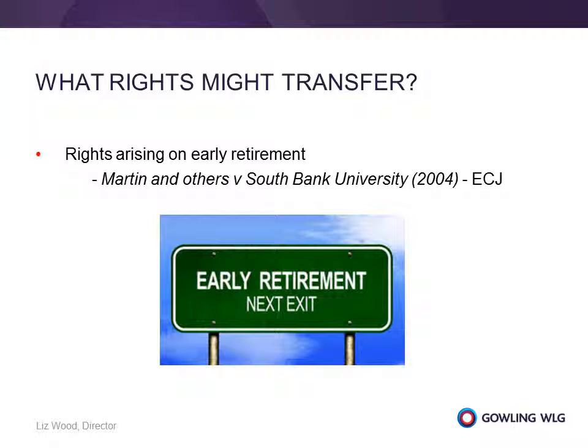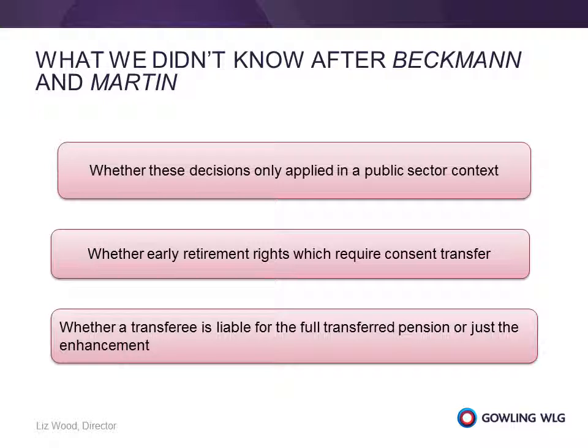Firstly, whether these decisions only applied in a public sector context, as the Beckman and Martin decisions had been in relation to the NHS pension scheme. There certainly have been arguments that this might not be the case if you had a private sector to private sector TUPE transfer. There were questions about whether, if there were consent questions attached to those early retirement rights, those would transfer, and also how much the transferee would be liable to provide this enhanced pension.